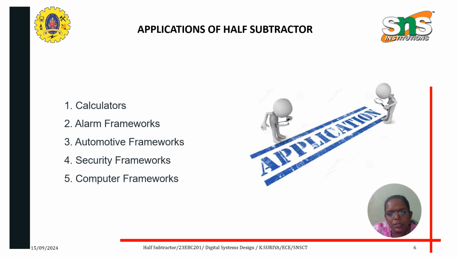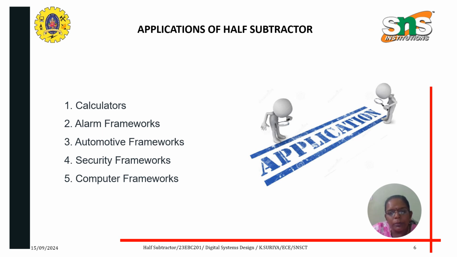Next, it is used in alarm frameworks. Many alarm frameworks utilize digital logic circuits to identify and respond to intruders. A half subtractor can be utilized in these frameworks to compare the values of two binary places and trigger an alarm in the event that they are different.